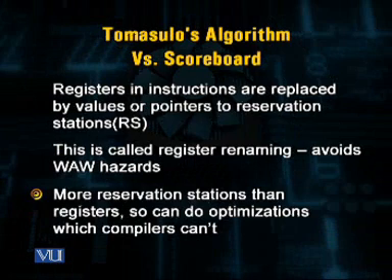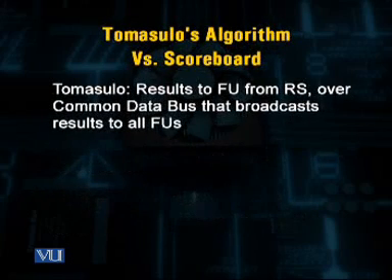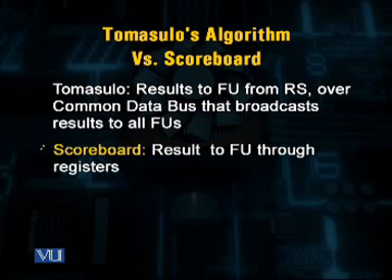More reservation stations than registers are provided in the Tomasulo structure, and they are provided to optimize the functionalities which a compiler cannot do. Furthermore, in case of Tomasulo, result to functional unit comes from reservation station over the common data bus, whereas in case of scoreboard, the result to the functional unit is made available through registers.